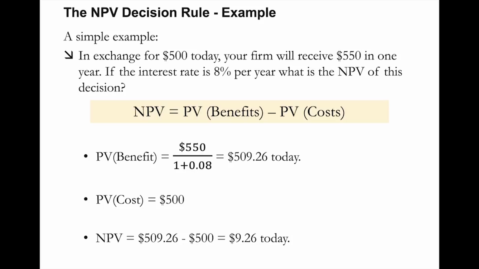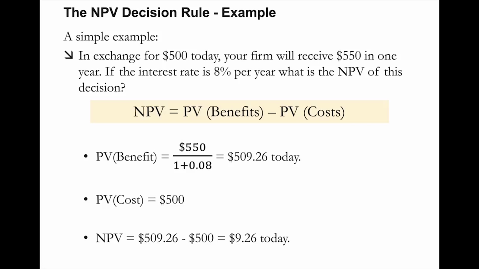The benefit received in 1 year is $550. So we need to calculate that benefit in terms of dollars today. So what we do is we divide our $550 benefit by 1 plus our interest rate. So we're discounting our benefit back 1 year.